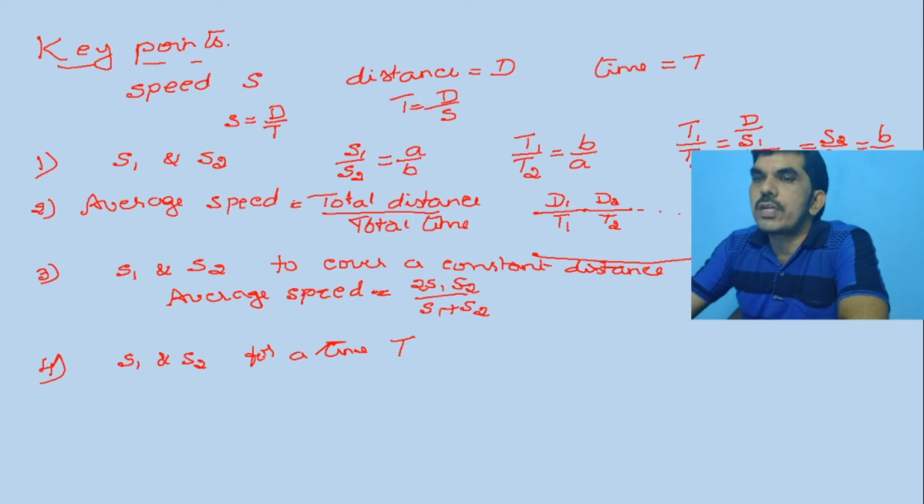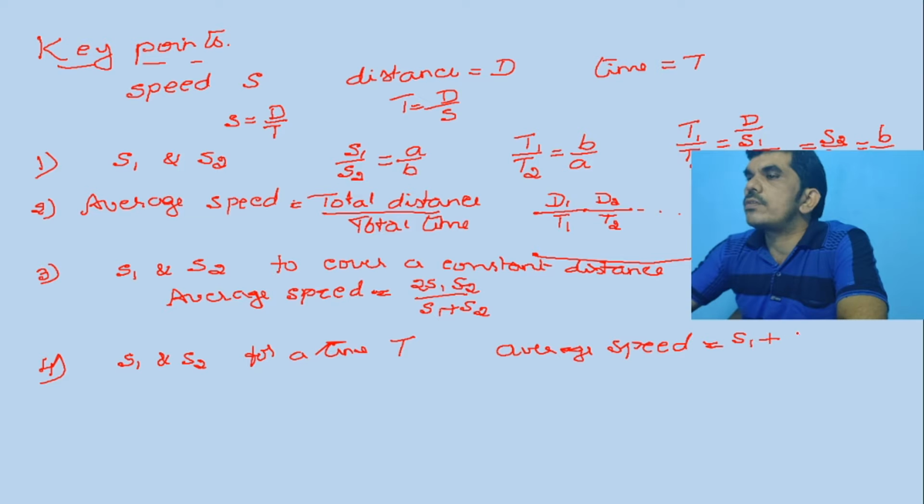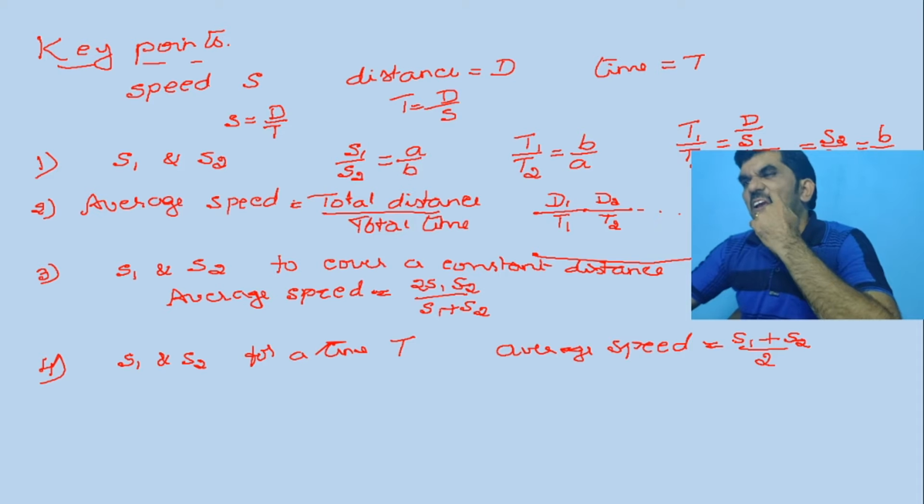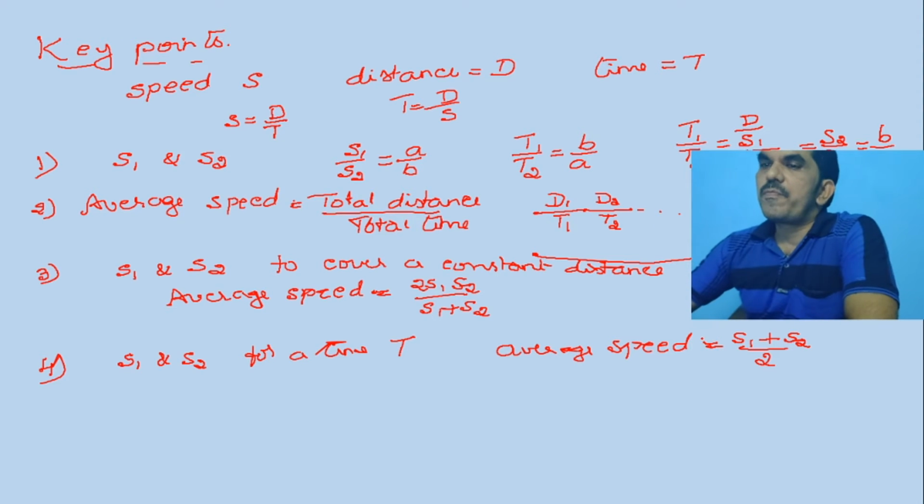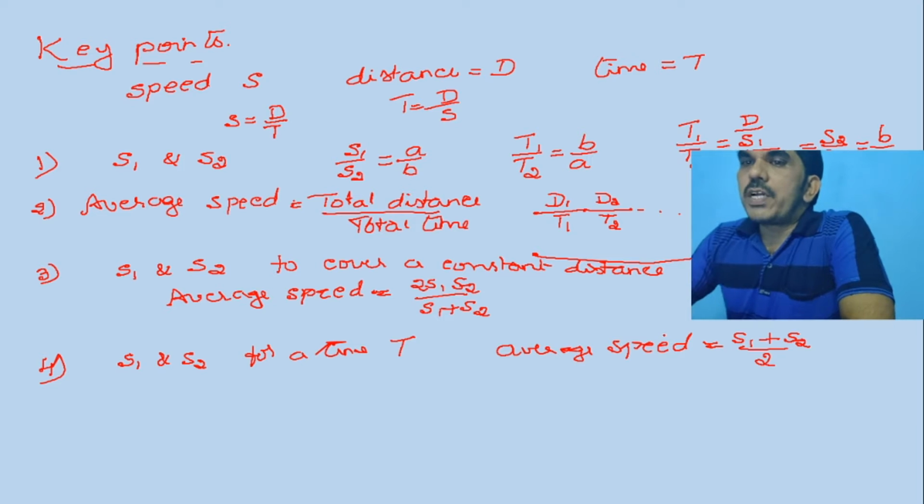Then the average speed equals s1 plus s2 by 2. When two objects are moving at speeds s1 and s2 for a constant duration, the average speed is equal to s1 plus s2 by 2.